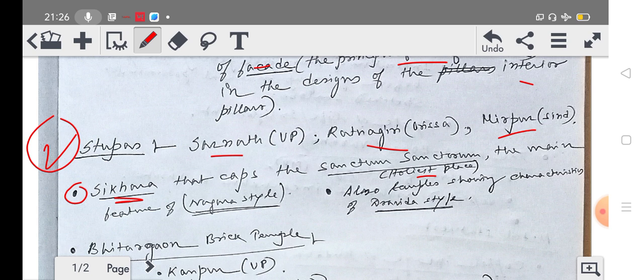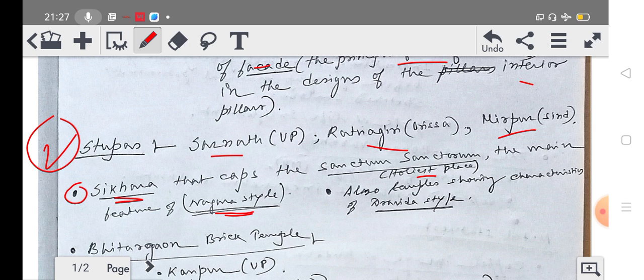So Shikhara is a type that caps the base or the holiest place of a temple or any other religious places. It is the main feature of Nagara style. So this style of architecture has been evolved in Gupta period.